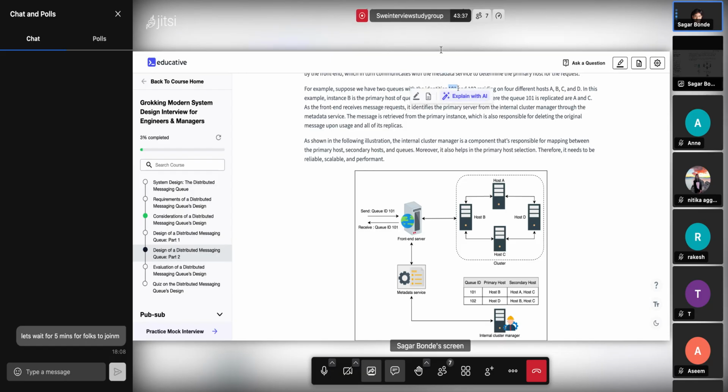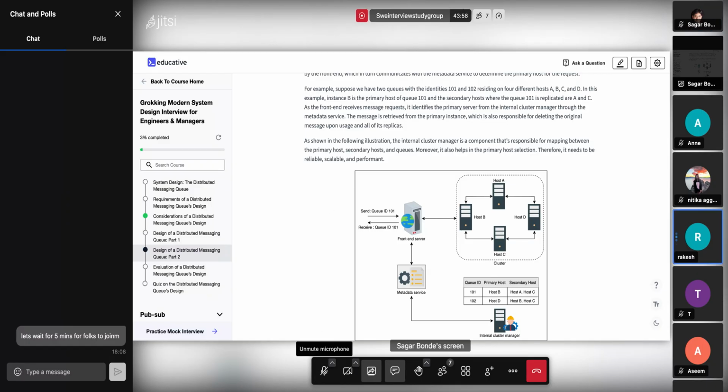Whenever the time comes to read the 101st message, it should be deleted, right? Am I making sense? Yes, true.